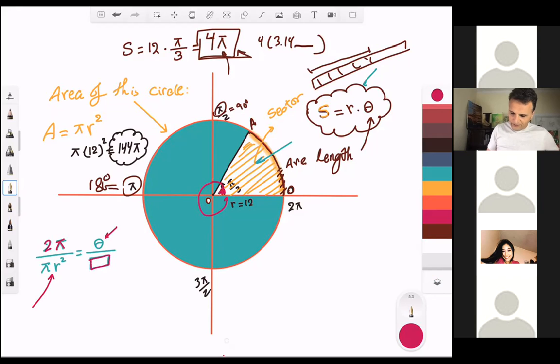If it's theta this much for any sector, what is the area? Pi will cancel, if I'm going to solve for A here, A equal to theta r squared over 2, then A will be 1/2 of r squared theta.